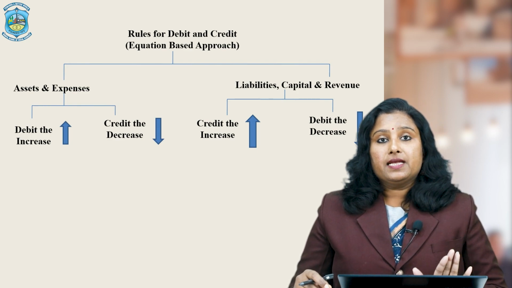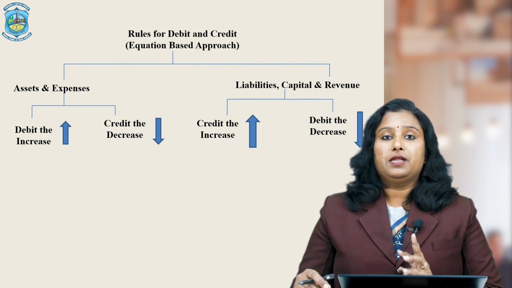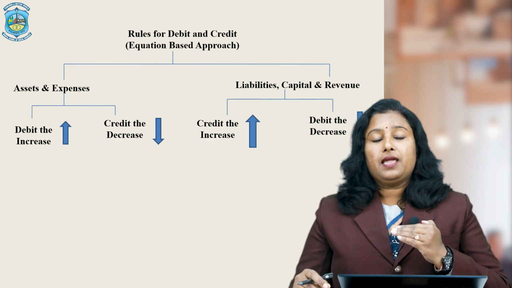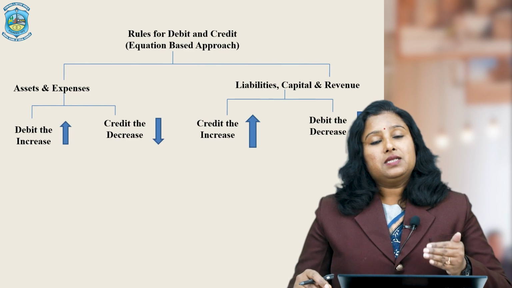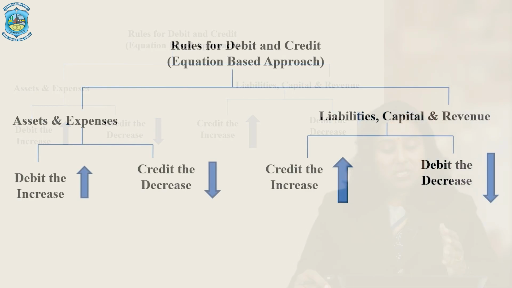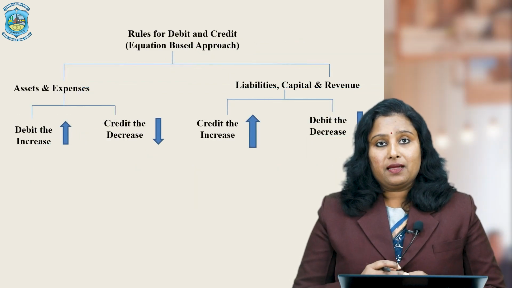When we talk about the other 3 categories of accounts, that is liabilities, capital and revenue, increase in liability, capital and revenues are credited, whereas the decrease in the liability, capital and revenues are debited. So, this flow chart is telling you how the increase or decrease in the assets and expenses, and in the liability, capital and revenue, are debited and credited.